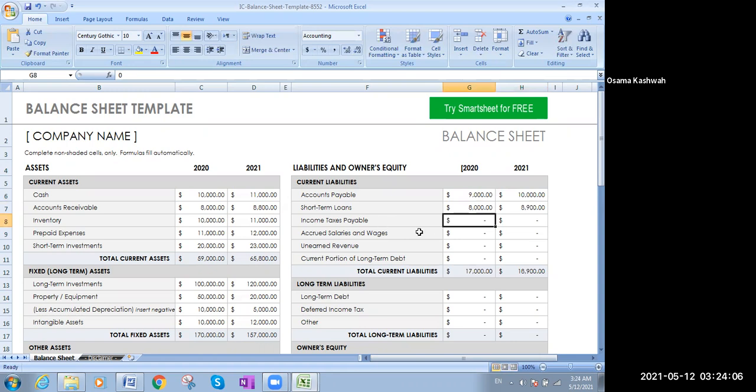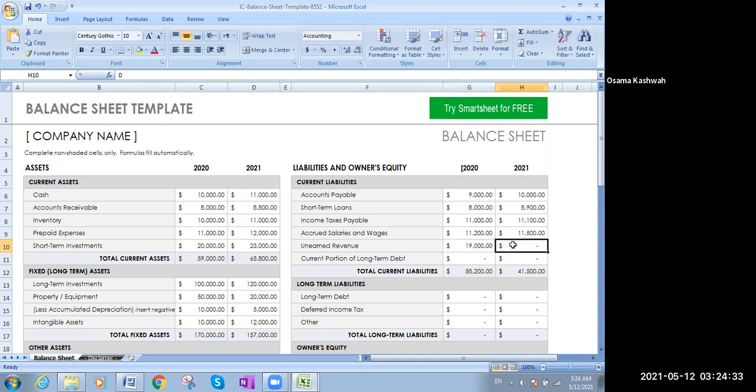Here we say the income tax payable was 11,000, there which is 11,100. Same thing for the accrued salaries and wages. It was, let's say, 11,200. Here it is 11,500. Unearned revenue, let's say it was 19,000.